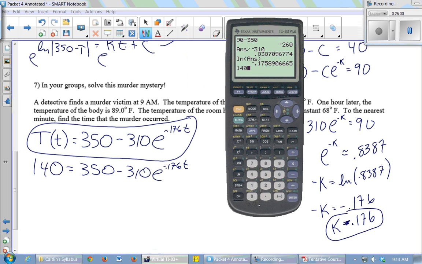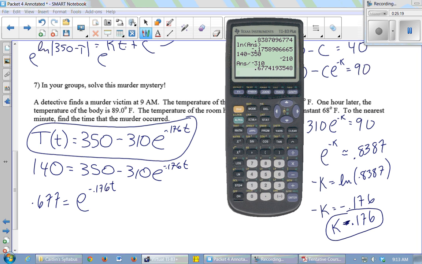So 140 minus 350 divided by negative 310. So e to the negative 0.176 t is 0.677. Take the ln of both sides.